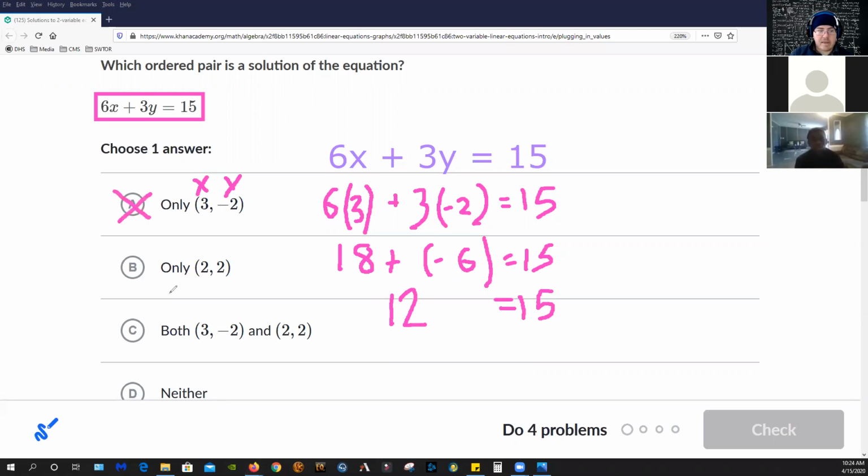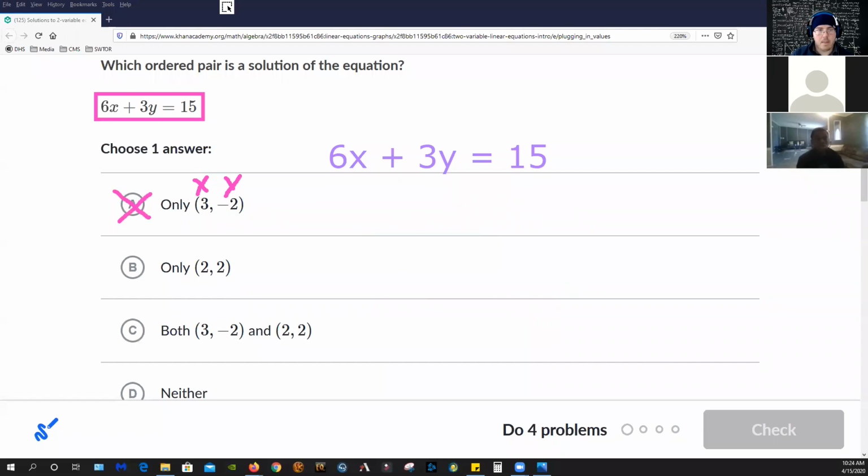Now, that might mean that B works or maybe neither works, but we need to test that. So let me get rid of this. And let's try this x value and this y value.